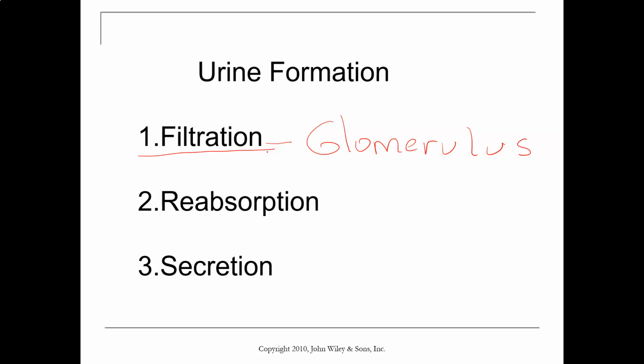And once it leaves the blood, then we don't call it blood anymore. We don't call it urine yet either, because urine is a waste product. It's ready to be excreted, and this is not. So they call it the plasma filtrate.